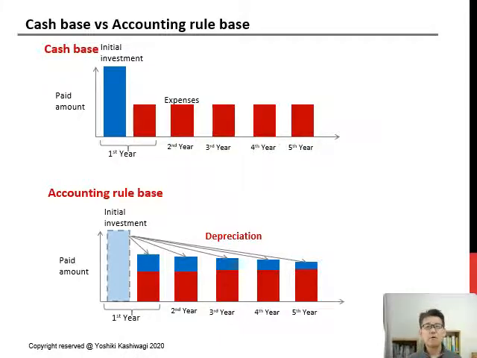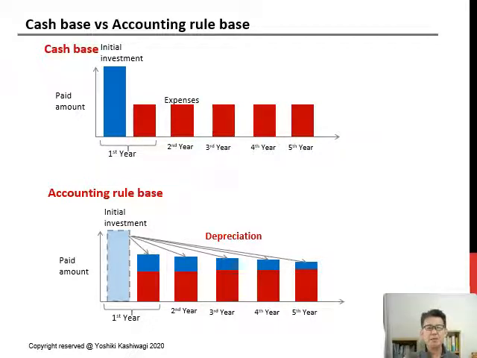As far as I know, if you buy a car, an automobile, you have to depreciate for 6 years. And if you buy a house or a building, that will be around 20 or 30 years. It depends on the rules. But that is the depreciation rule.